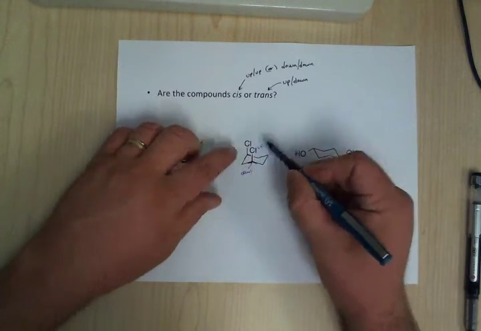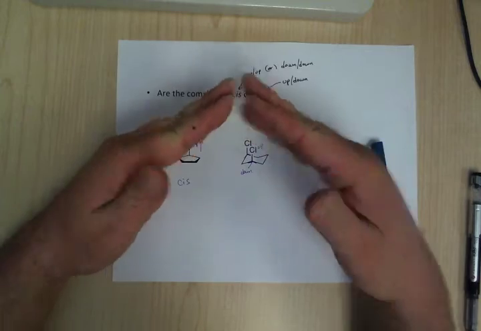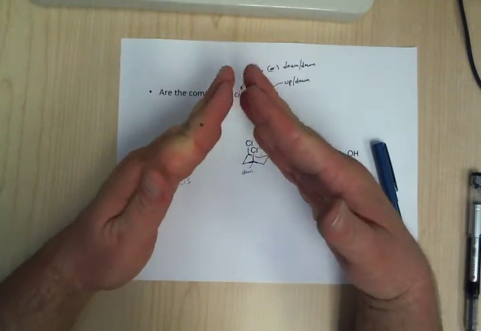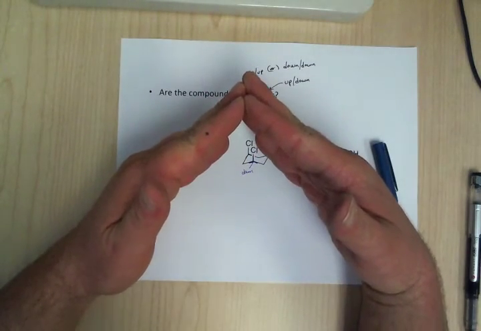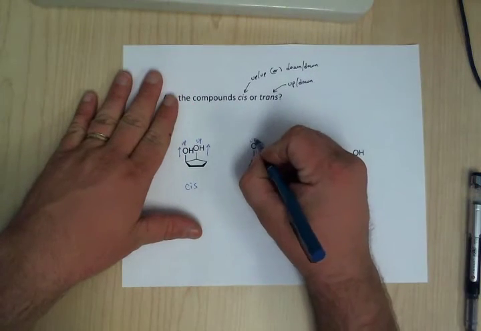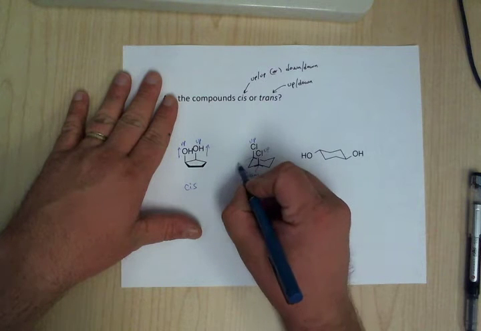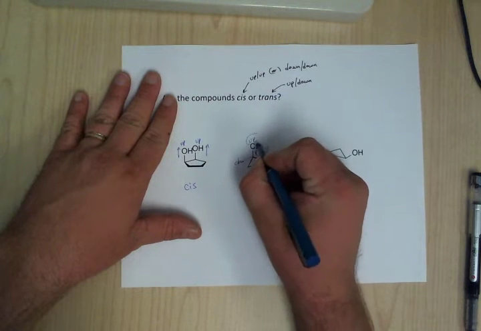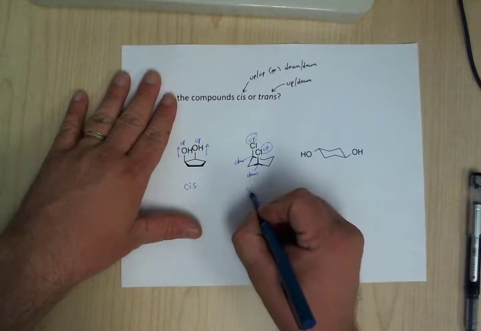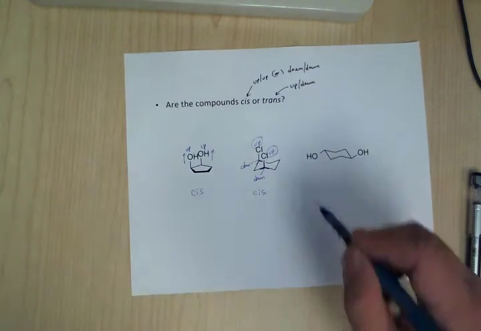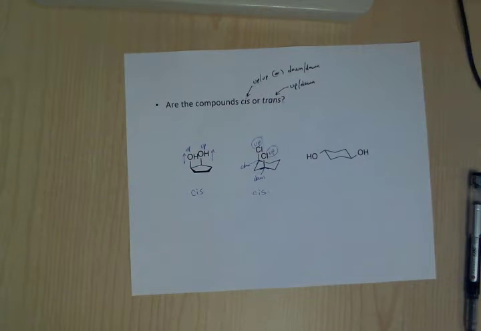The carbon-carbon bonds are pointed up, so they always point towards the axial. So that means this is up, which means that the hydrogen in the equatorial position is down. Since it's up, up, that means it's cis. So we have two axials that are cis.